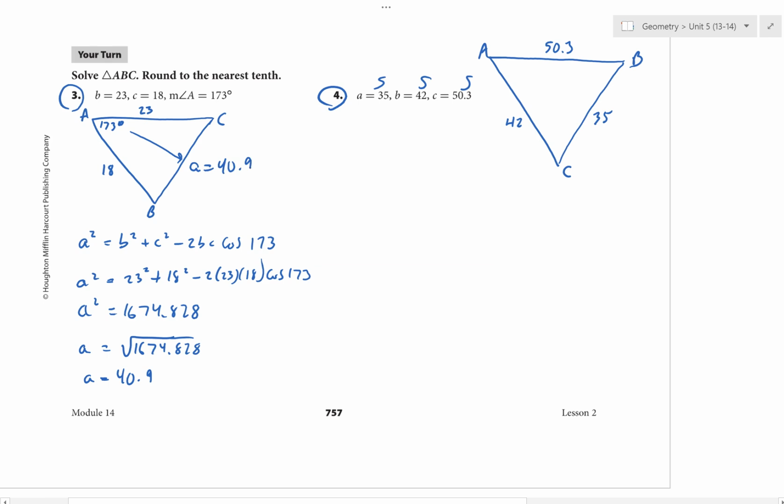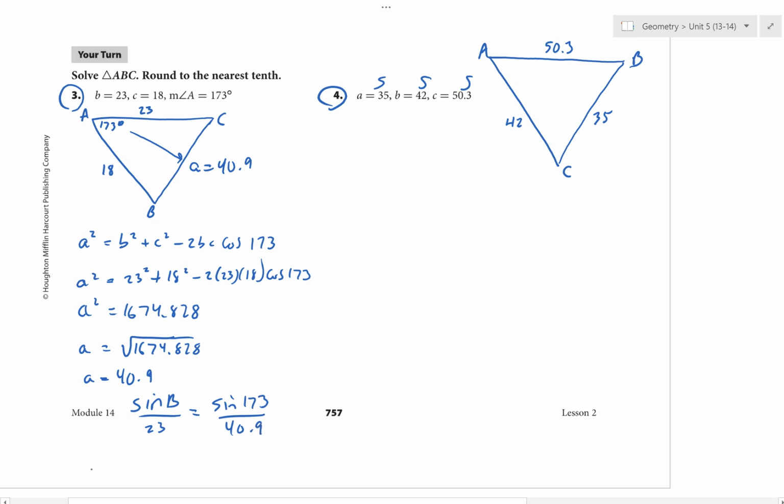Now we can use law of sines to find either of the other angles. If I wanted to find angle B, for example, sine of B over the side across from it equals the sine of 173 over the side across from it.